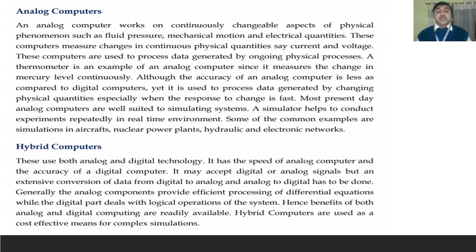I think you have seen seismographs recording earthquakes and volcanoes in different places. All of these are different types of analog computers. They are found in nuclear plants and in aircraft making, so they are utilized in all these areas.